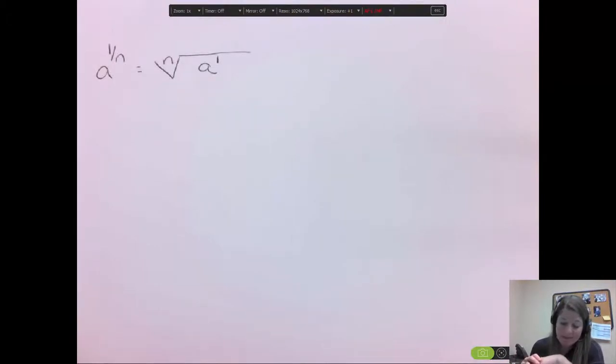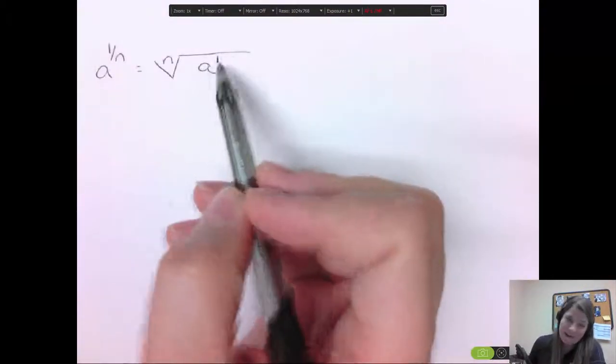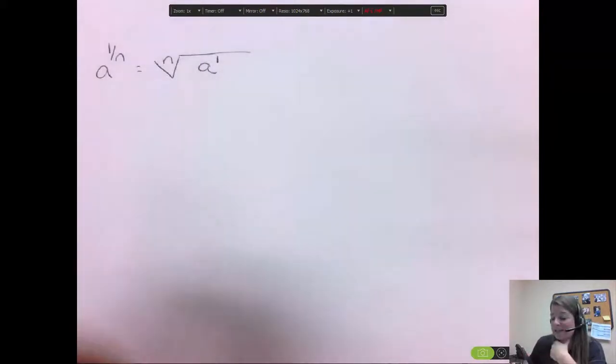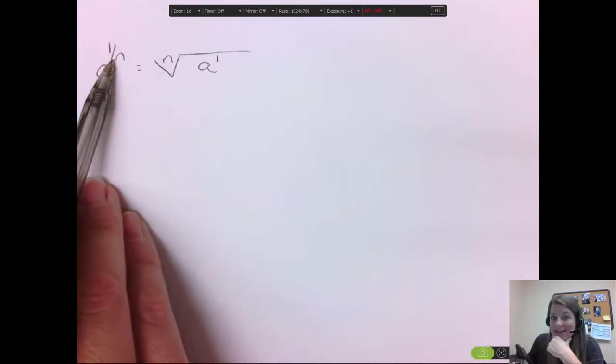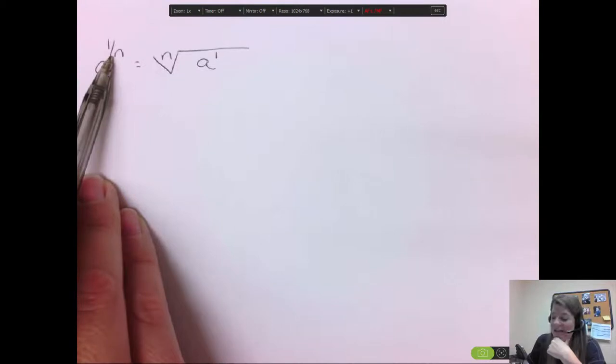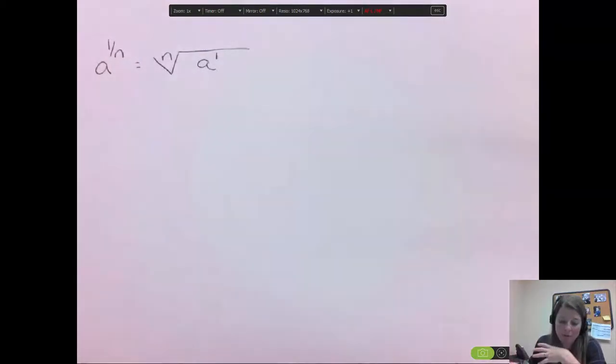So sometimes if it's a 1, that wouldn't affect it. So if I have a half as my exponent, that's just asking for the square root. If I have a third, it's asking for the third root.